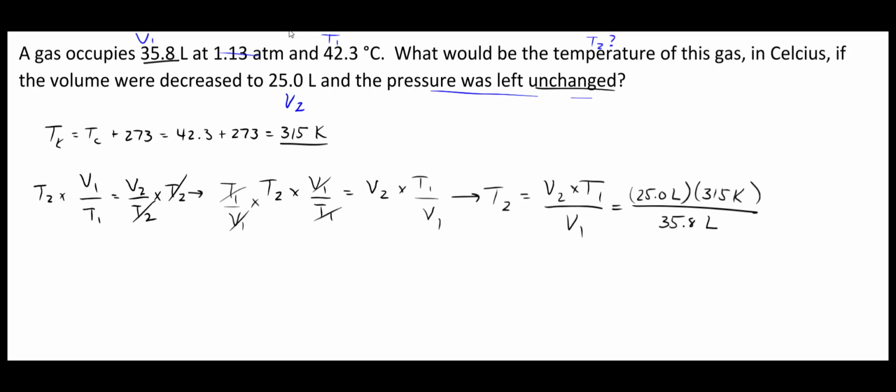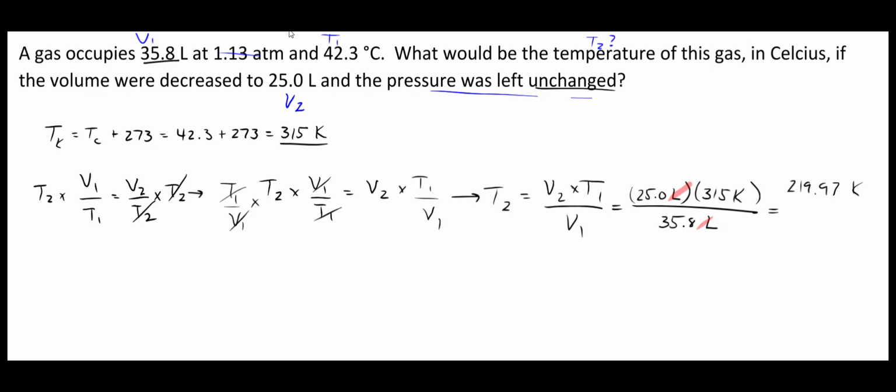We can cancel out liters, and so our units will be units of Kelvin. So in the calculator we have 25 times 315 divided by 35.8. This gives me 219.97, which I want to write out for the time being.